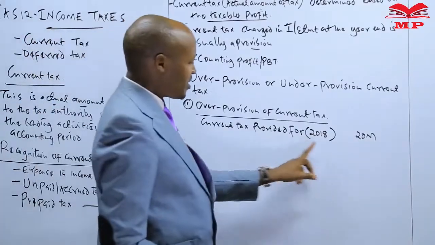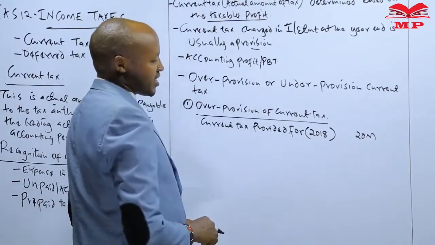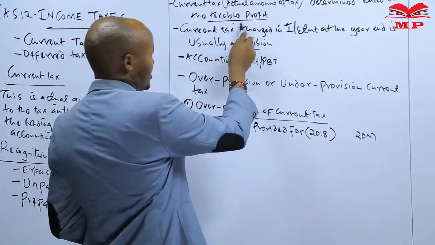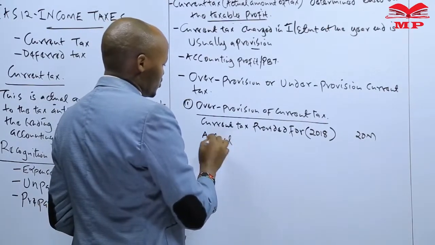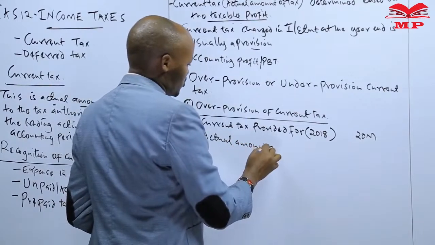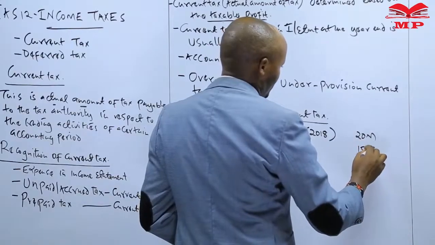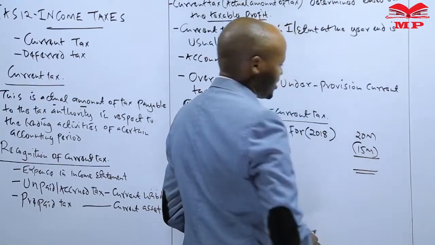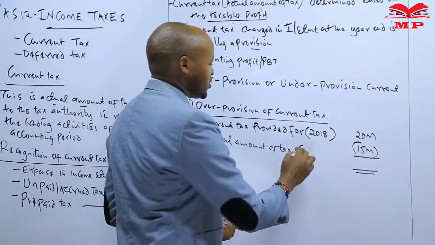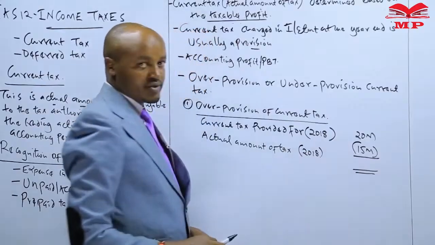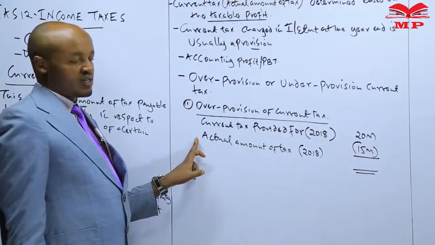So assuming that the amount of tax which was provided for was 20 million, and once the actual amount of tax is determined based on what we refer to as the taxable profit, it is determined to be something like 15 million. Then you'll see that the amount of tax which was provided for at the end of 2018 was 20 million, but the actual amount payable to the tax authority has been determined to be 15 million.